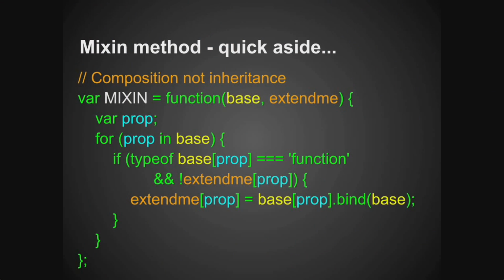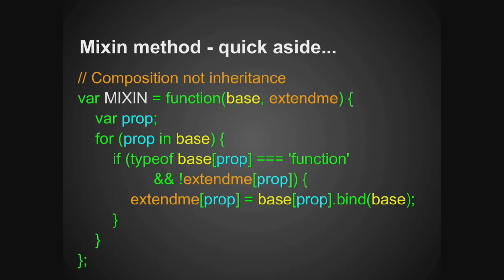So, quick aside here: one thing that makes JavaScript really nice is we can do whatever we want with the objects, with a lot of built-in reflection. Here's a quick method called mixin, and we'll see how we use it on the next slide.